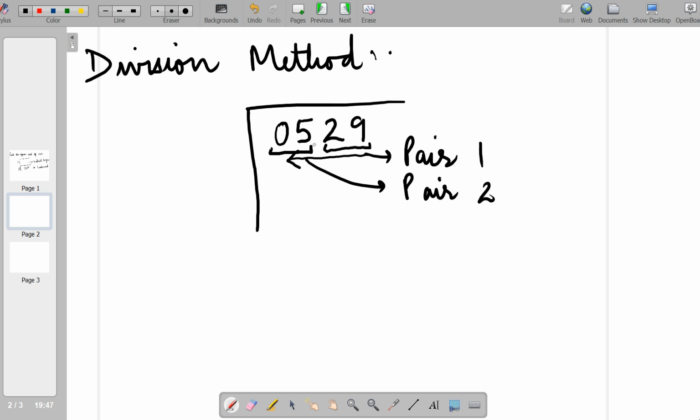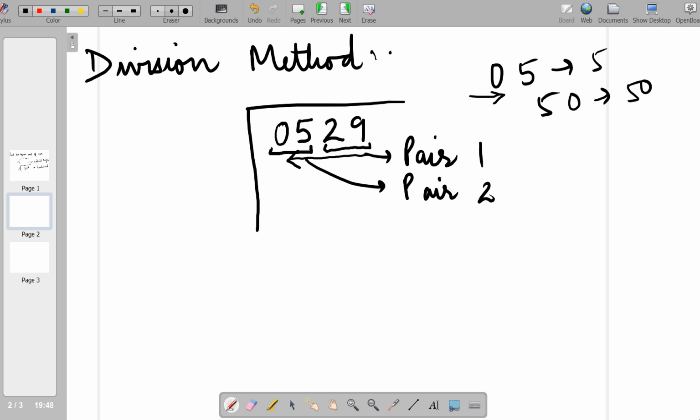Please make sure that whenever you insert 0 before a number, that will not change the value of that number. If I write 05, it will be 5 only. But if I write 50, it is not 5, it is 50. So you have to insert 0 before the last digit if you are getting confused.